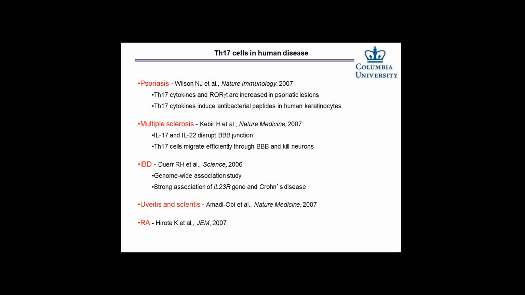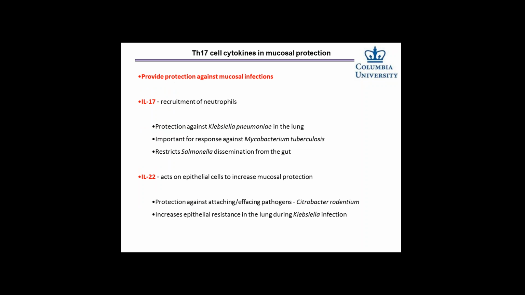And we've been interested in Th17 cells because they're important in a number of autoimmune inflammatory conditions. This is just a short list of conditions in which Th17 cells have been shown to play a pathogenic role, and the function of Th17 cells in immunity. It is considered that they provide protection against mucosal infections, and this is mainly mediated by the cytokines that they produce.